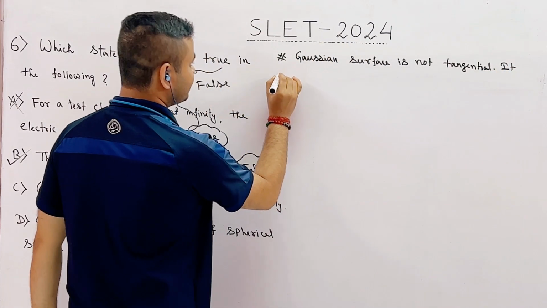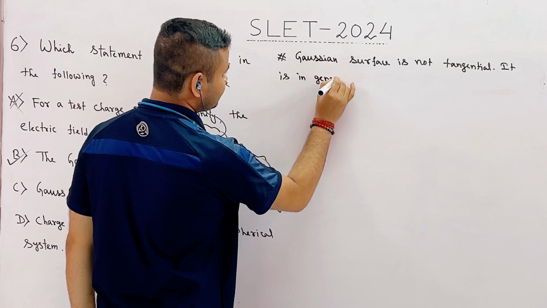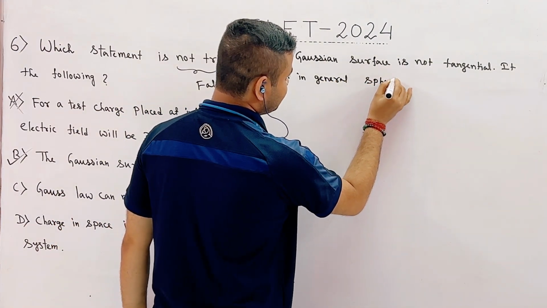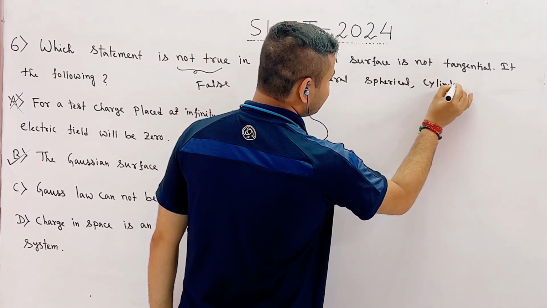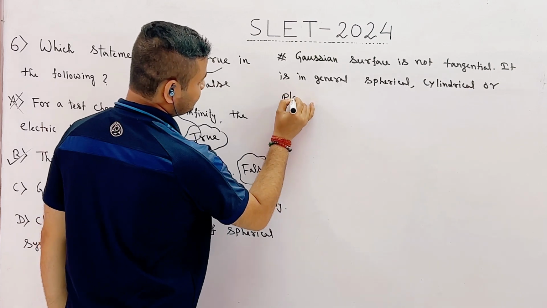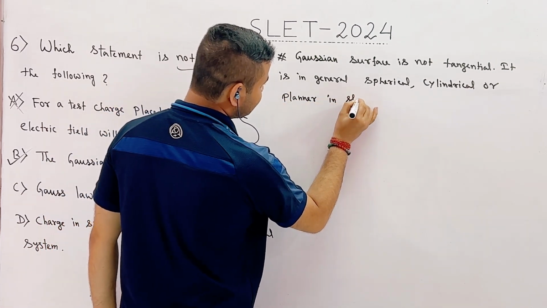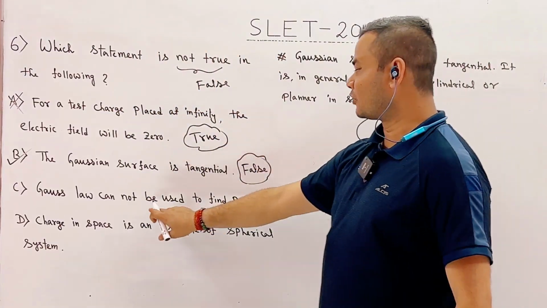It is in general spherical, cylindrical or planar in shape. Okay? Now let us move to option C.